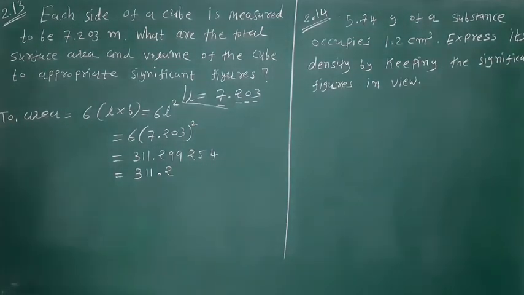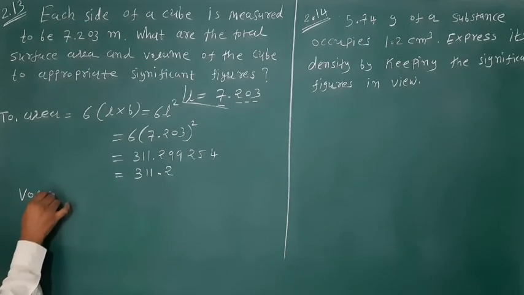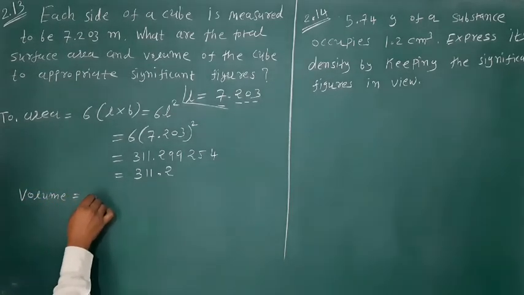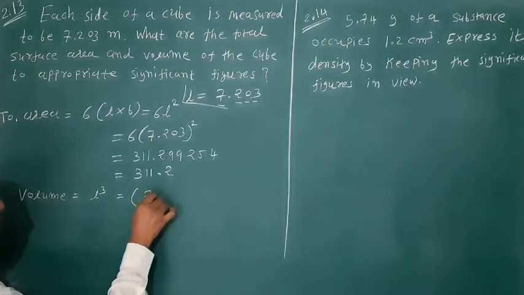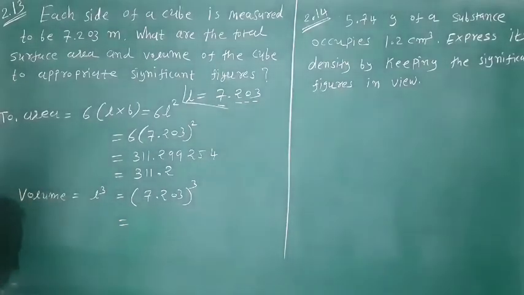And now we want to find the volume. So volume is equal to L cube. Here L is equal to 7.203 whole cube. Okay.